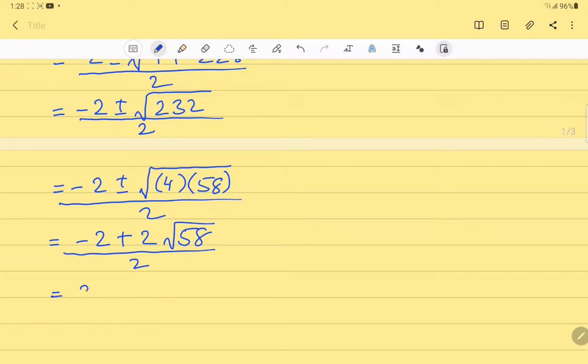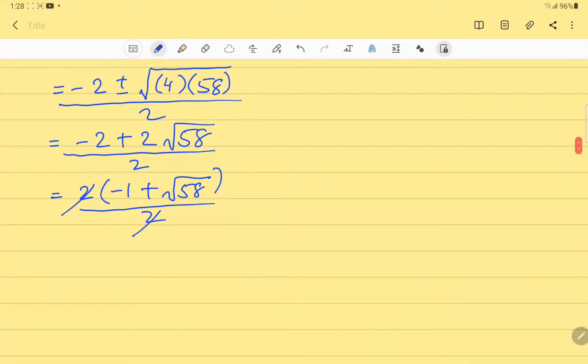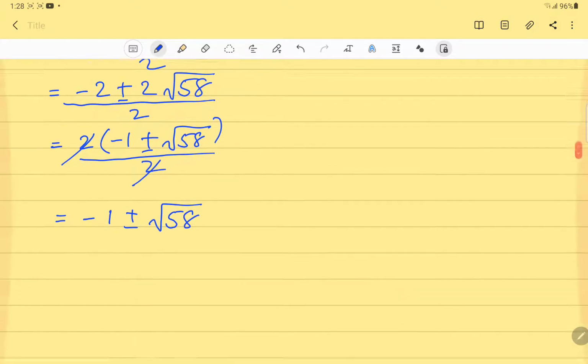Now 2 is common here. So minus 1 plus minus square root of 58 over 2. This 2 will cancel with this 2. So we are left with minus 1 plus minus square root of 58.